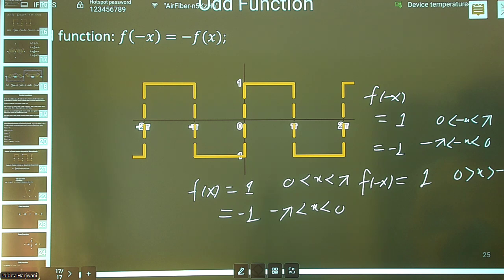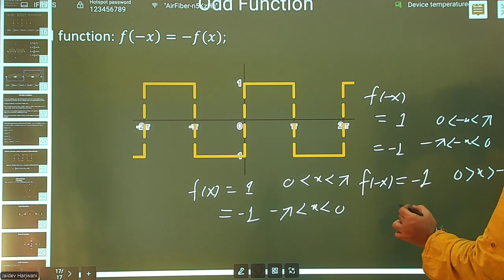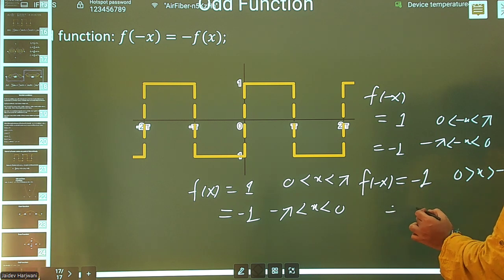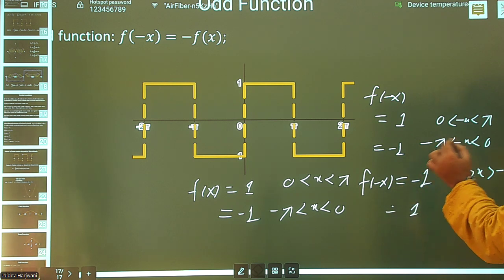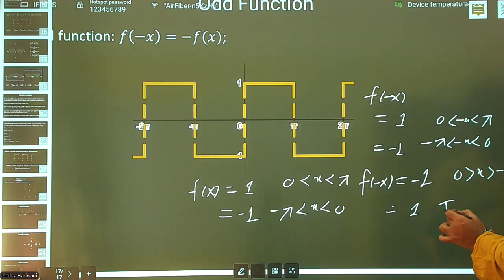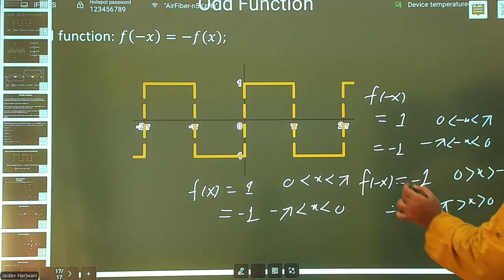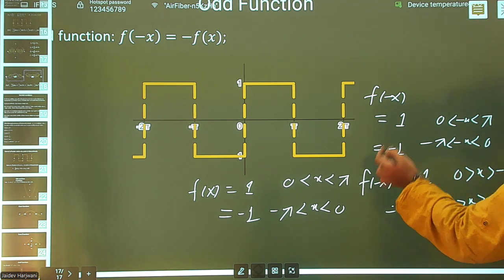Similarly, I am multiplying, so −π to 0, you multiply with full minus 1. And similarly we apply here with minus 1, so this becomes plus 1, and this becomes π > x > 0. So 0 to π you have 1, and −π to 0 you have −1.